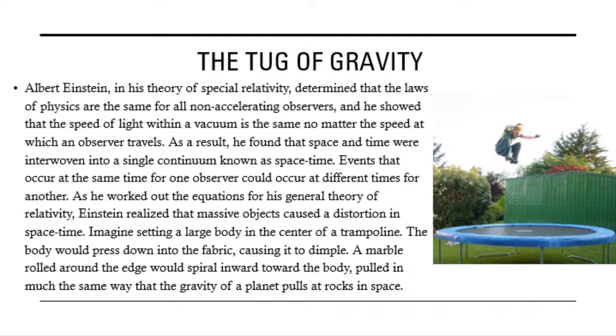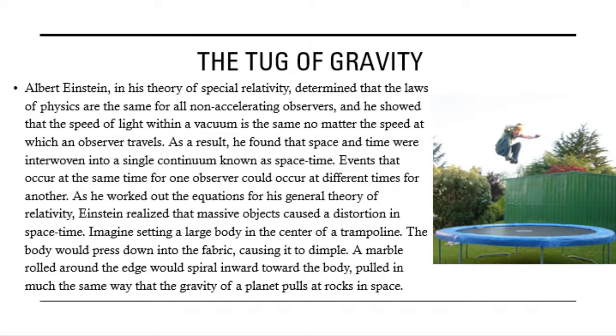As a result, he found that space and time were interwoven, combined into a single continuum called space-time, and that's why this theory is also called the space-time distortion. Events that occur at the same time for one observer could occur at different times for another.